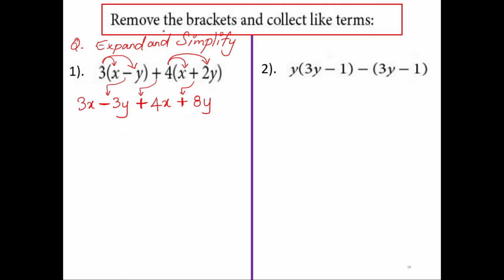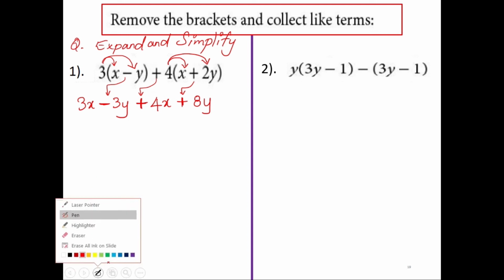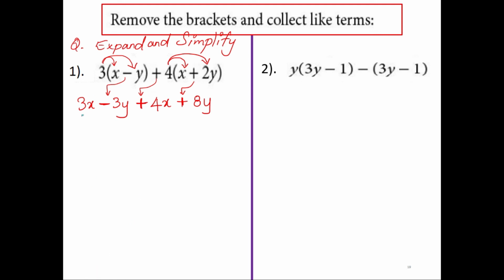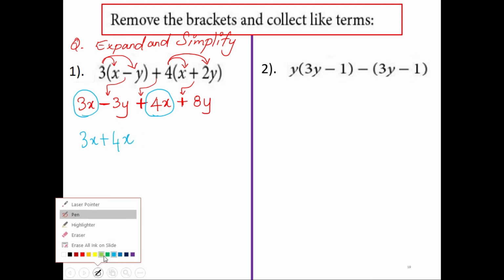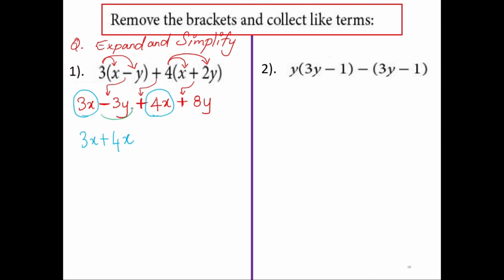Now the next part is simplifying. Simplifying happens when you combine the like terms. So I have an x term and I have another x term here. I have a y term, so I'll be combining the x terms, which is 3x plus 4x. And the y terms are minus 3y and plus 8y.